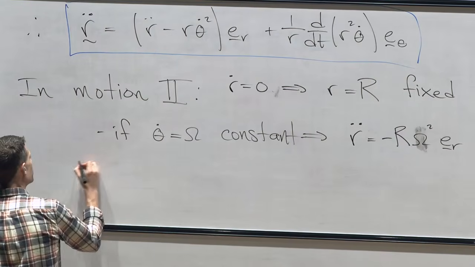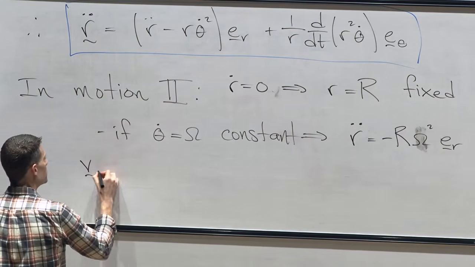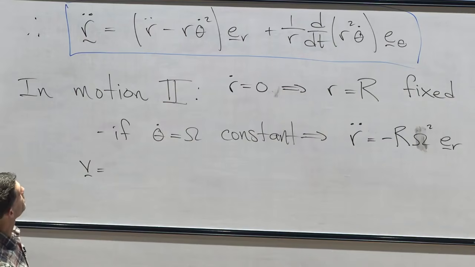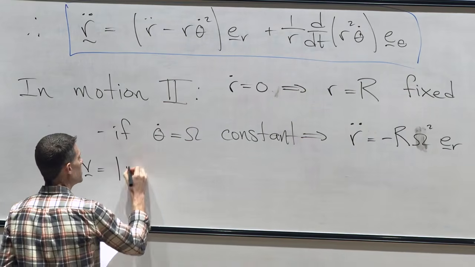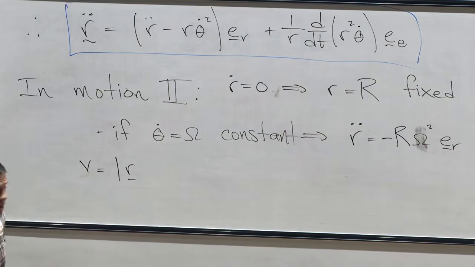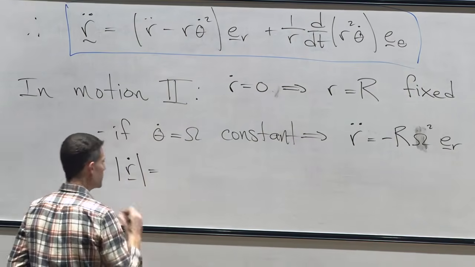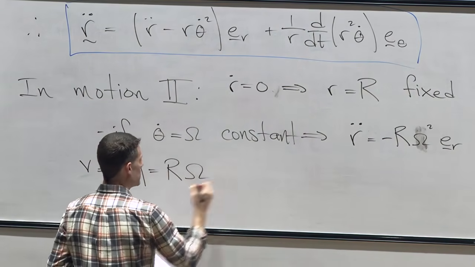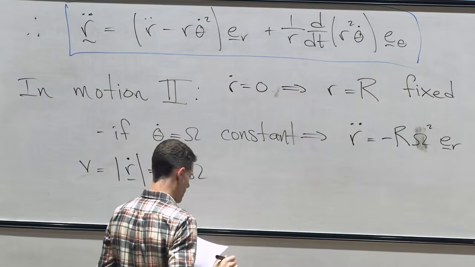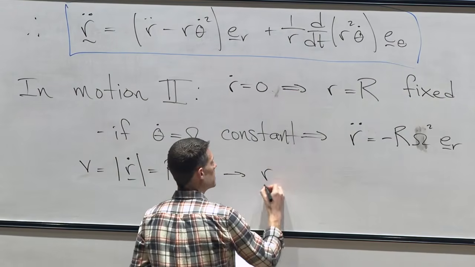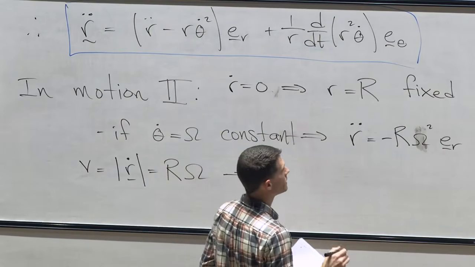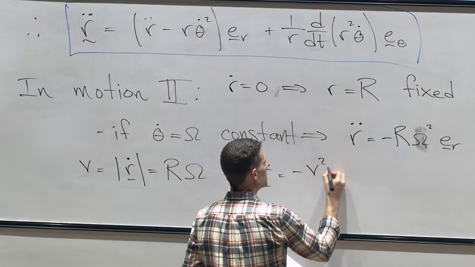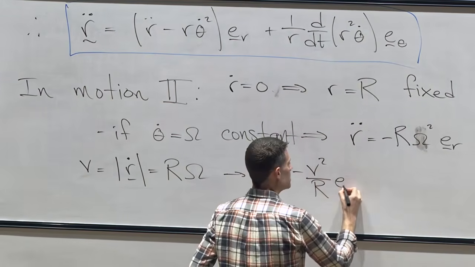And recall that v, the velocity for that circular motion, is actually, let's define the speed, the magnitude of r dot, which is r omega. So therefore, r double dot is minus v squared over capital R er.